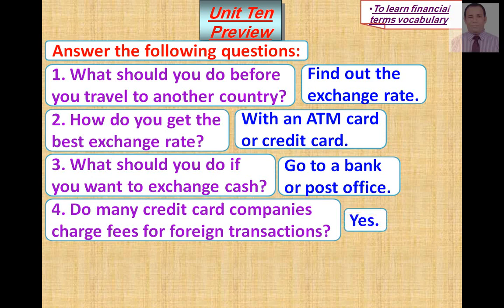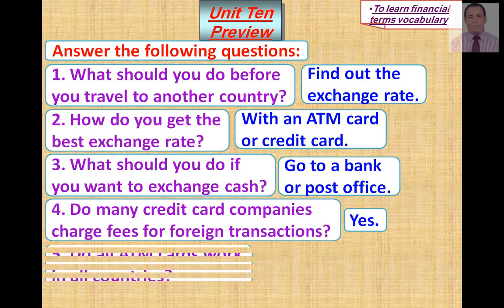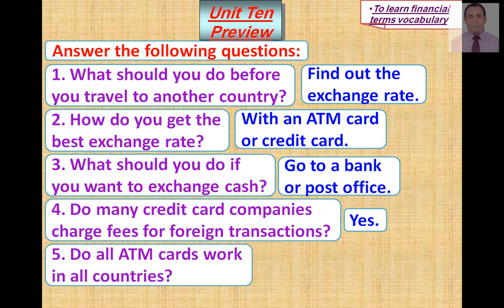We said yes. Many credit card companies do this, and even many banks do this also. Finally, do all ATM cards work in all countries? The question starts with do, so I answer using yes or no.